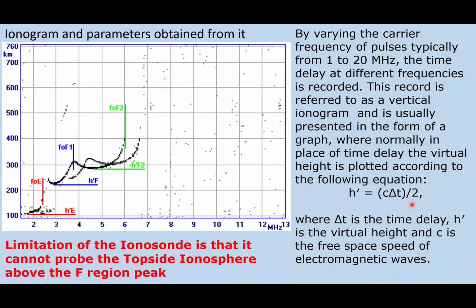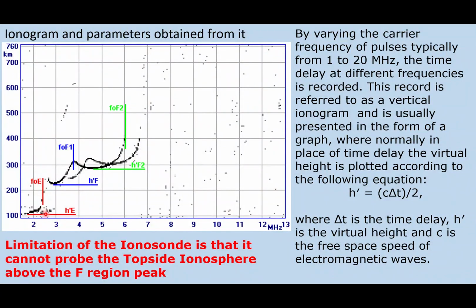So in this ionogram, as you see here, depending upon the height from which different frequencies are reflected, this trace takes a shape. This initial trace near about 100 kilometer altitude corresponds to the E region of the ionosphere, and wherever this cusp occurs, that is called a critical frequency.